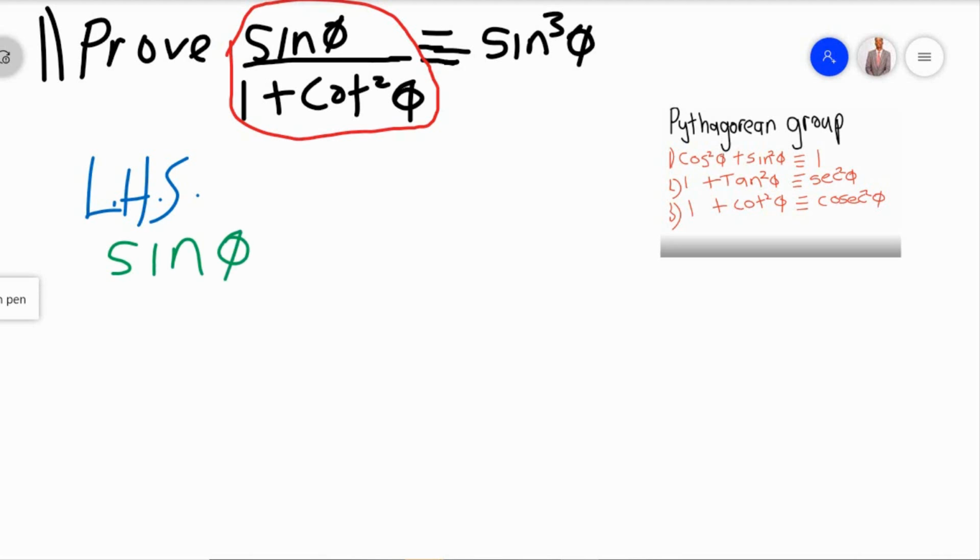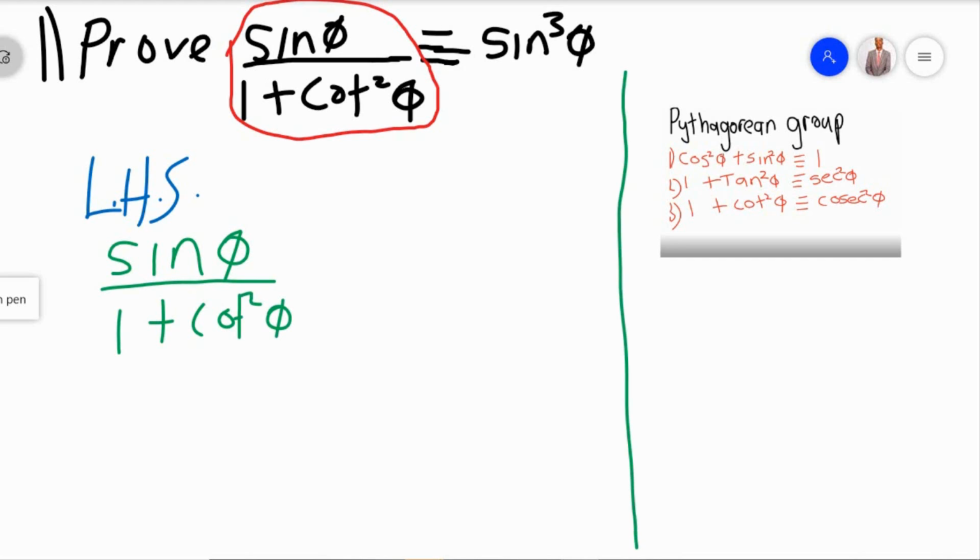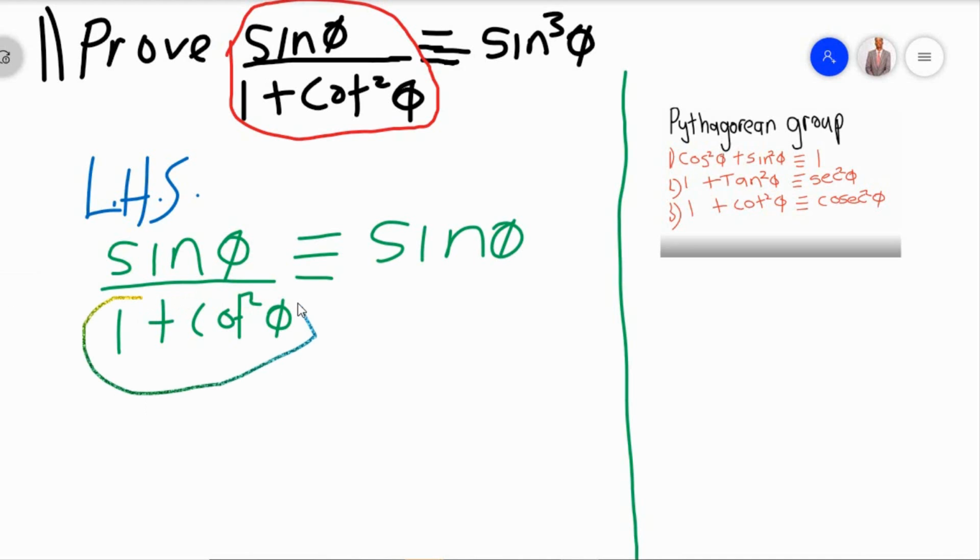So sine theta over 1 plus cot squared theta is exactly identical to sine theta over 1 plus cot squared theta.